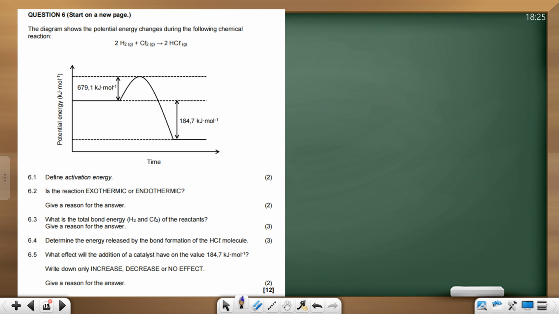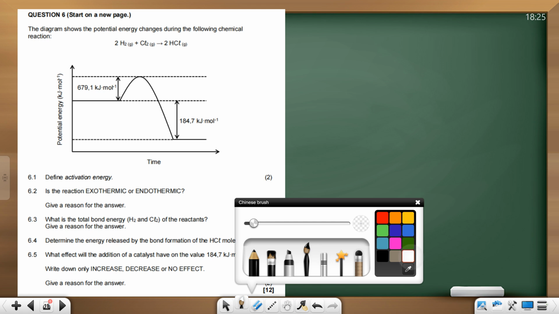The diagram shows the potential energy changes during the following reactions. We have that. Okay. I'm not going to define activation energy again. Is this exo or endo? Do you want to help me here? Is this endo or exo? And what would be your reason?